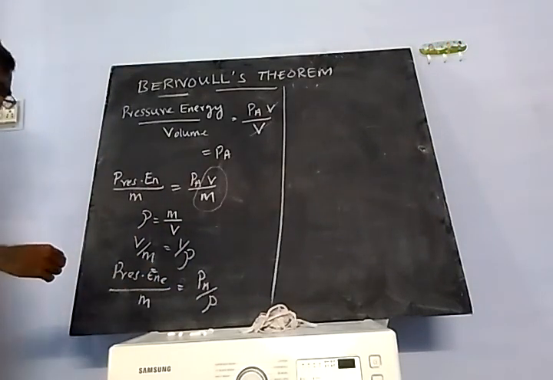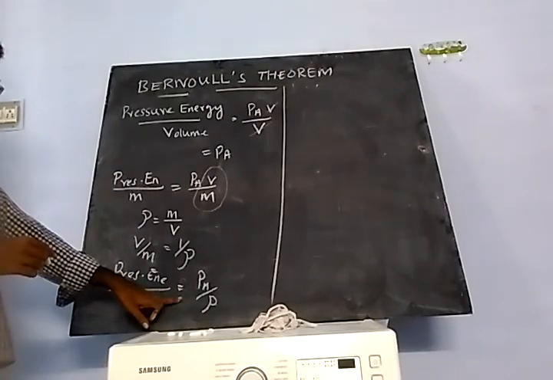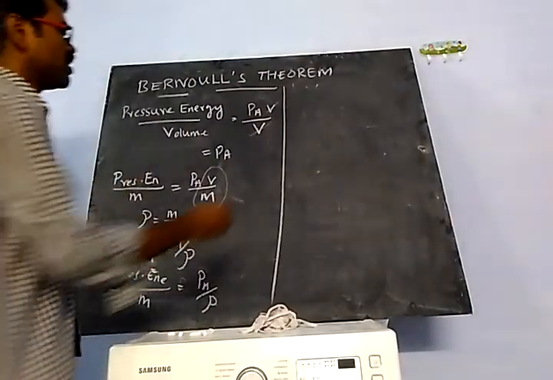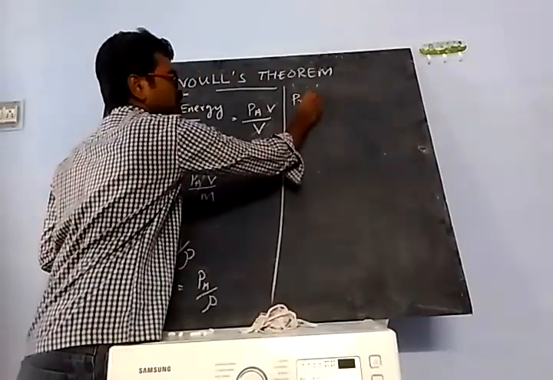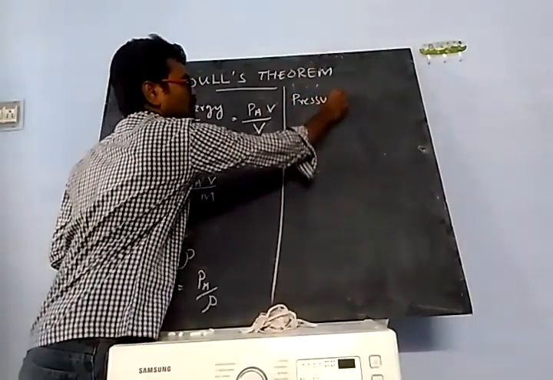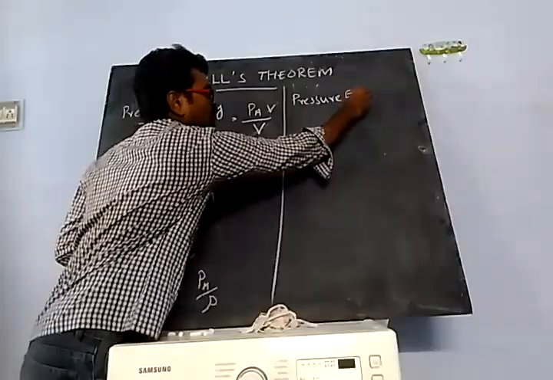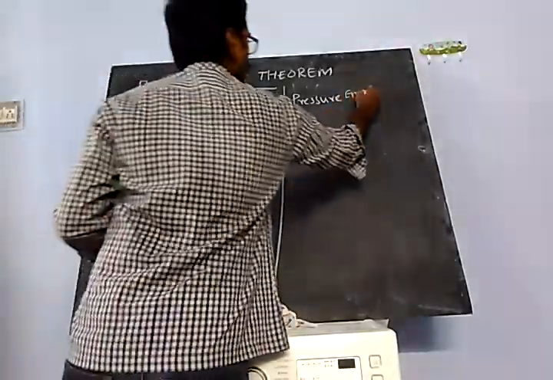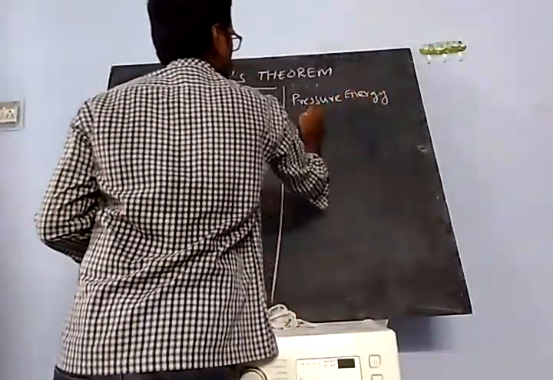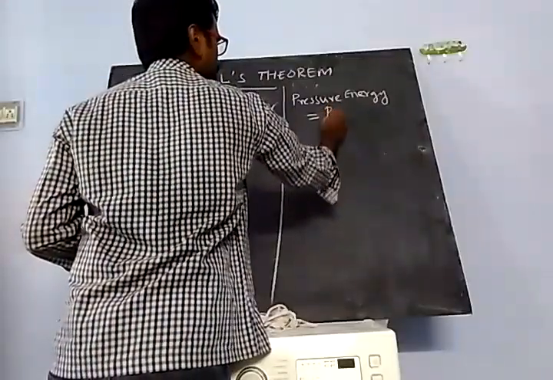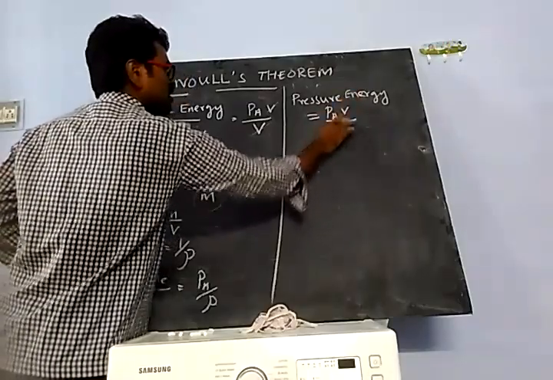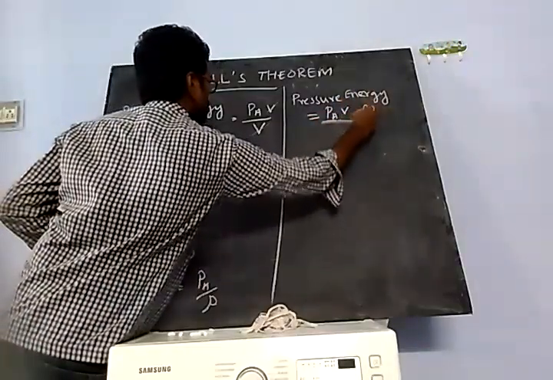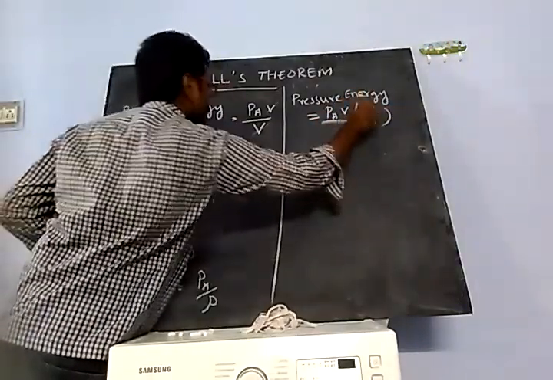So pressure energy is equal to P_A into V, multiplied by the mass m and divided by m.